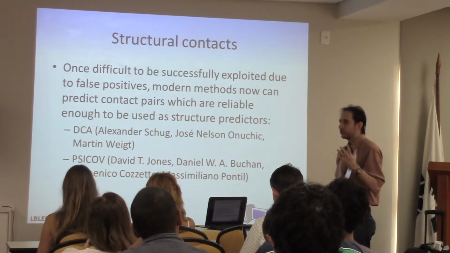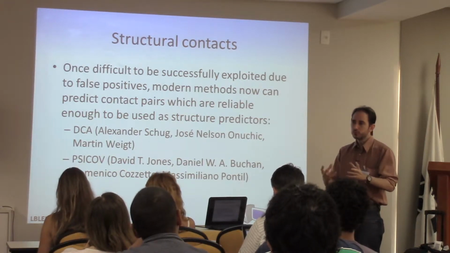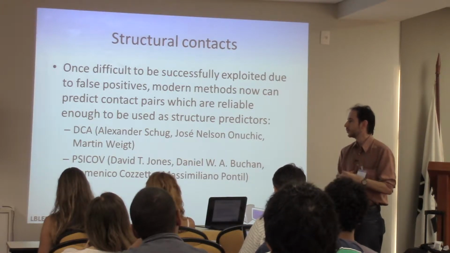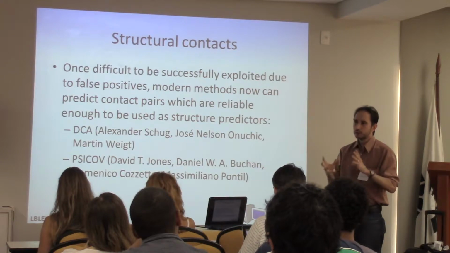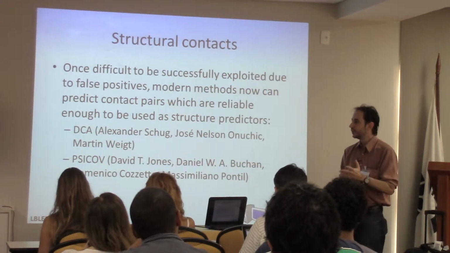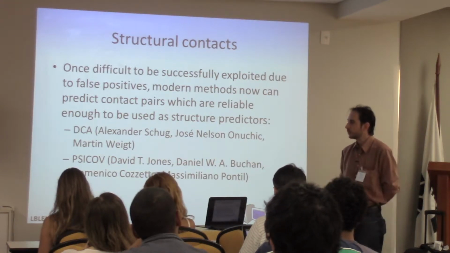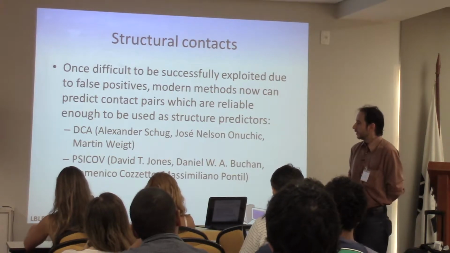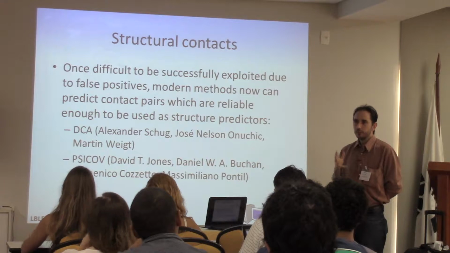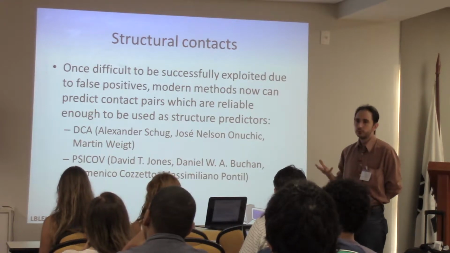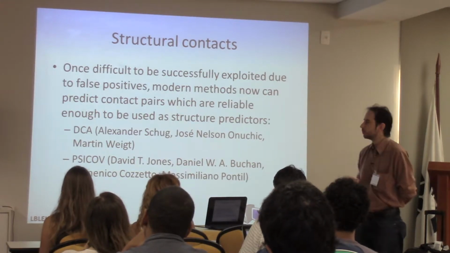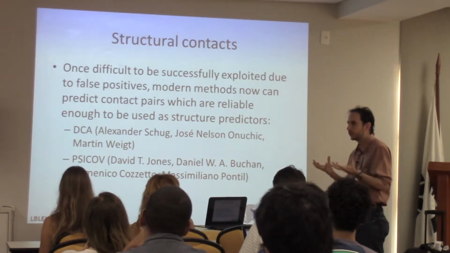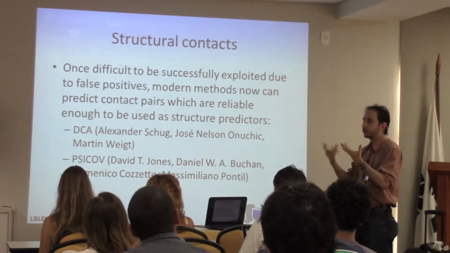As I said, in the 90s, people were already trying to find methods that could use coevolution signals to detect contacts, but by that time they weren't really successful or even useful. But nowadays we have methods which are good enough to predict protein contacts so reliably that they can even be used to predict folding.